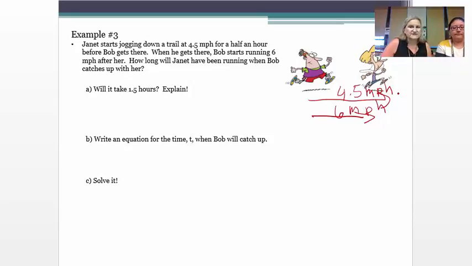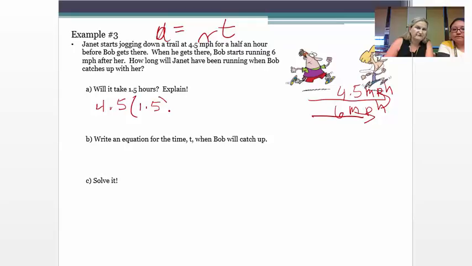Okay, so now in this case, the key is we want their distances to be equal. Bob is catching up to her. So let's take a look at the first guess. Will it take 1.5 hours? Remember, distance is equal to rate times time. So Janet's distance has to be equal to Bob's distance. Janet's distance is 4.5 times 1.5.